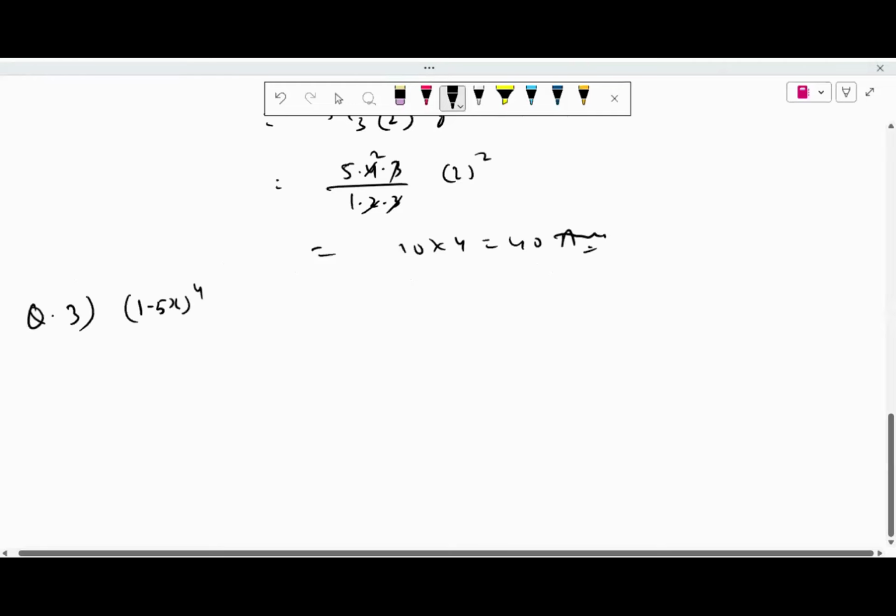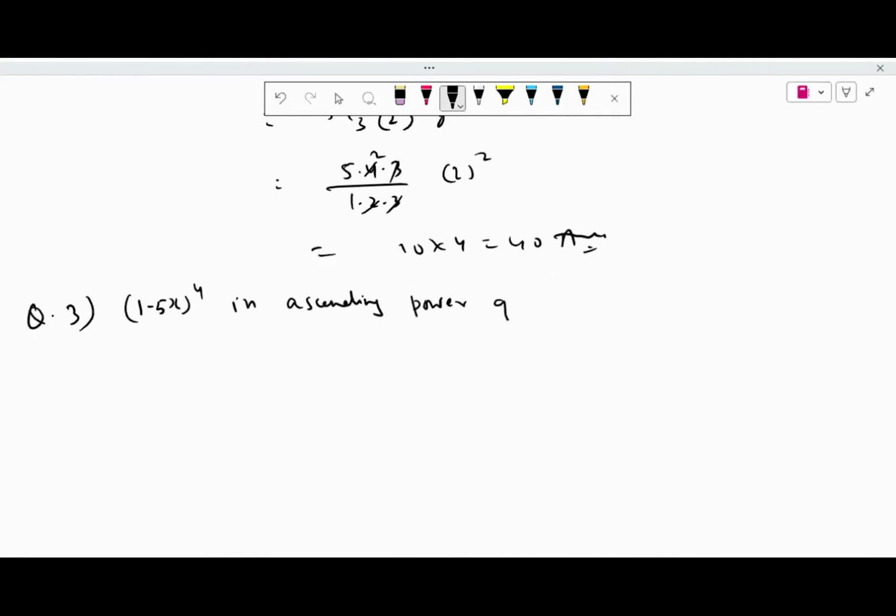From the PDF that I have sent you, question number 3 is: find the binomial expansion of (1 minus 5x) to the power 4 in ascending power of x.